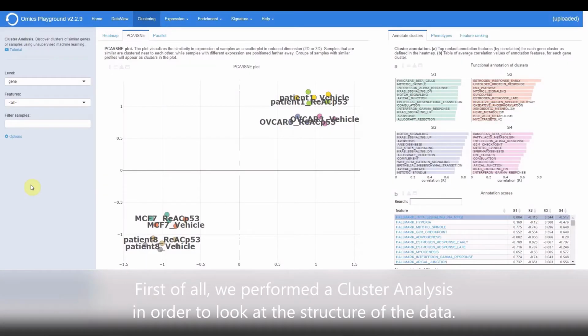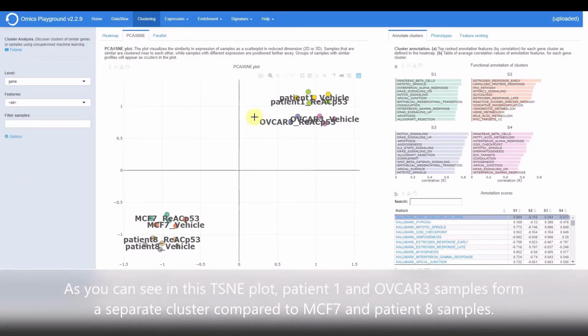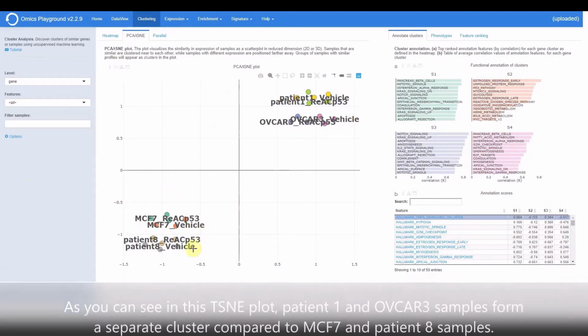First of all, we performed a cluster analysis in order to look at the structure of the data. As you can see in this TSNE plot, patient 1 and OVCAR3 samples form a separate cluster from FCS7 and patient 8 samples.